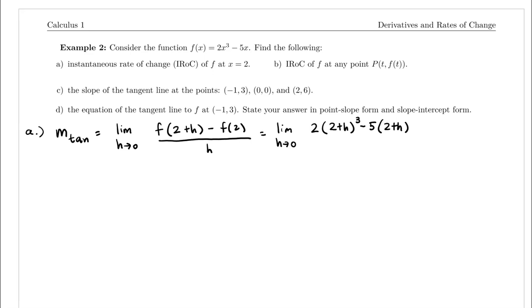So that is this expression here. Now we need to subtract off f of 2. So I have minus. I'm just going to go ahead and plug in 2 into my function. So that's going to be 2 times 2 cubed minus 5 times 2. And then this is all over h.